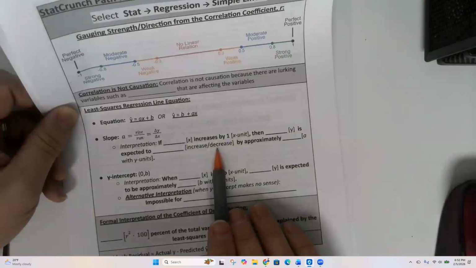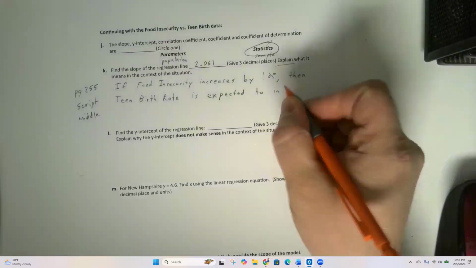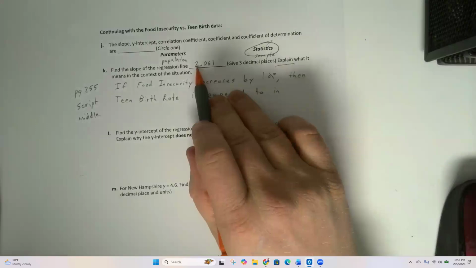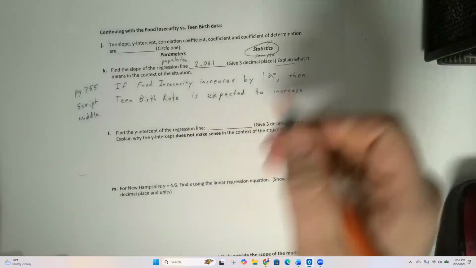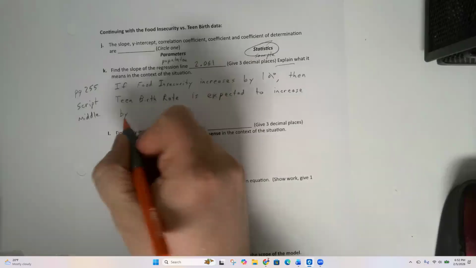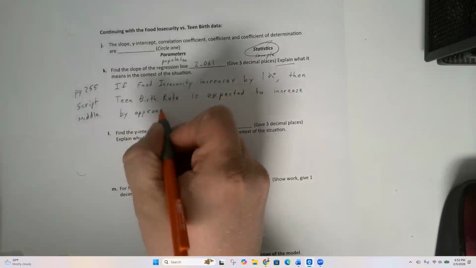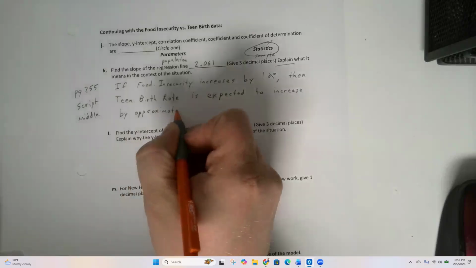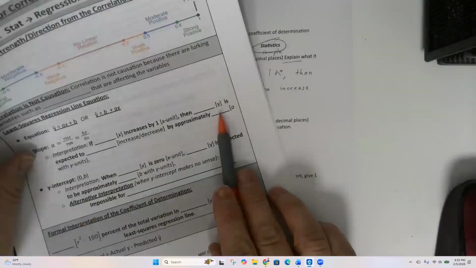If it's a negative slope, we'll write decrease. So in our case, we have a positive slope, positive 2.061. So increase by approximately, and then we write out what the slope value is.